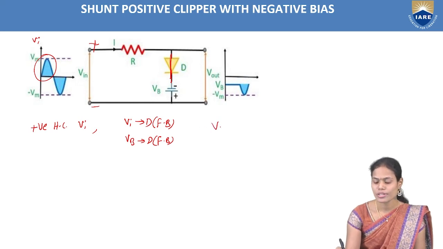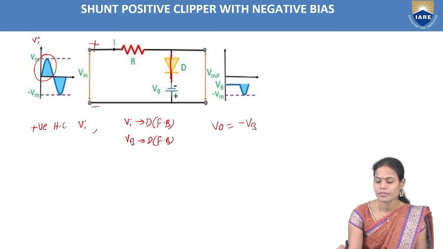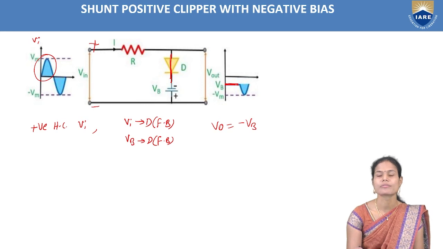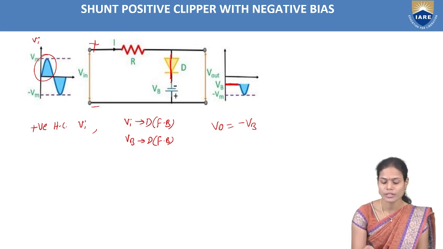So in this case, what is my output voltage? What is the battery voltage I am providing? That is my output voltage, that is minus Vb. So during the positive half cycle, my output is minus Vb. Similarly, for the negative half cycle of my input voltage, that is minus Vm, here it is plus Vm.